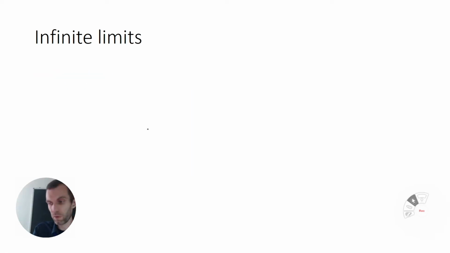So let's start with infinite limits, and infinite limits are maybe easiest to explain with an example. So let's compute the limit for x going to 0 of 1 over x squared. We haven't really seen this, but you can do this in two ways.